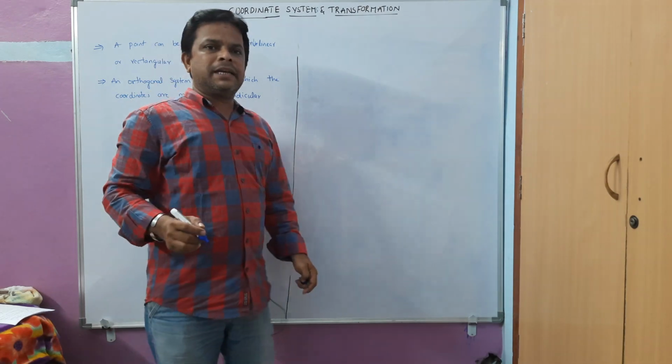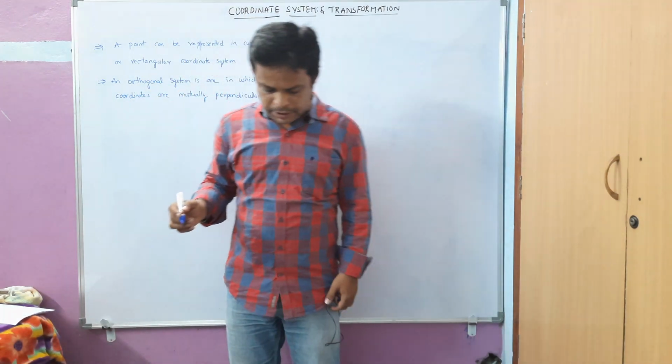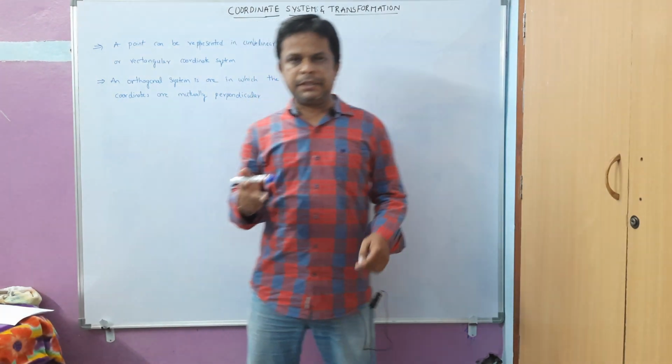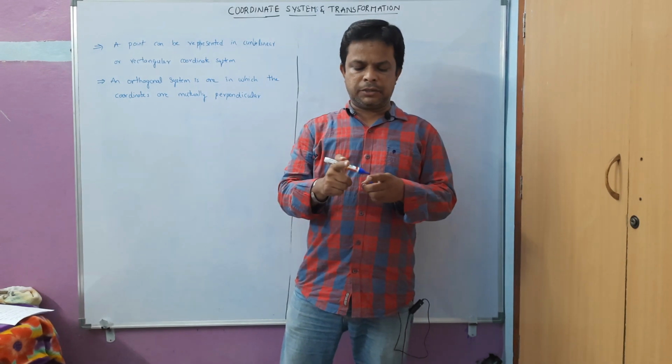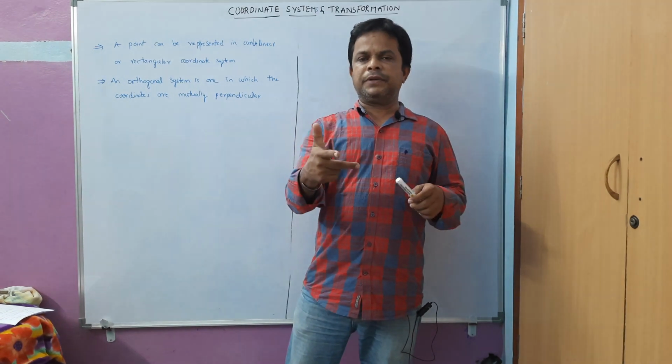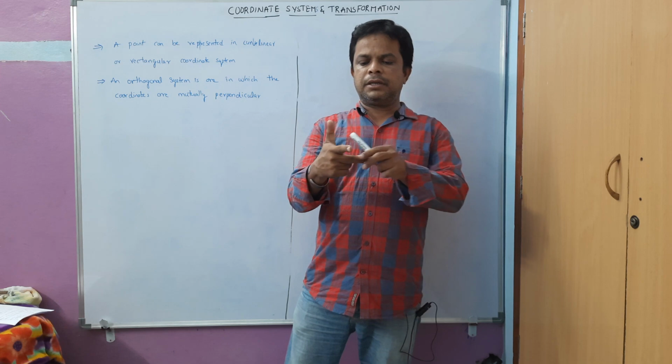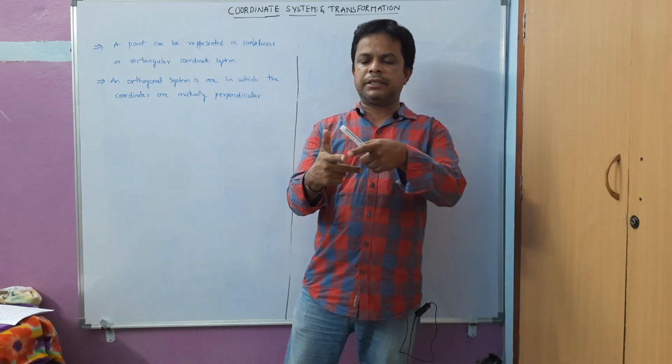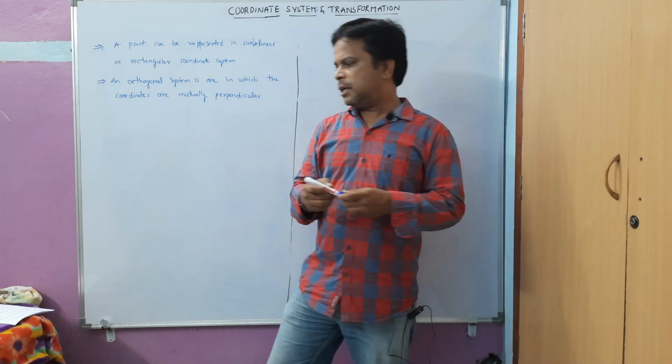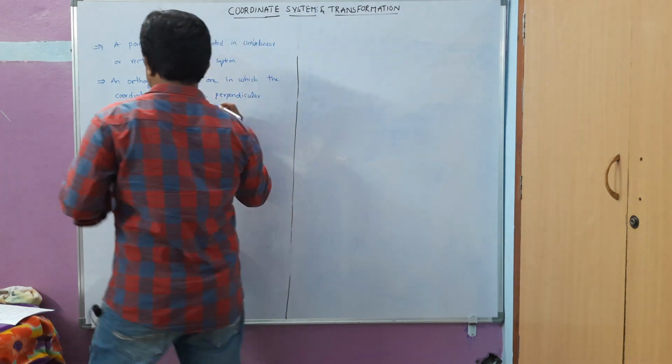That's why they are named orthogonal coordinate systems, that is, they have 90 degrees between them. Like this, if I take these fingers like this, they are the x-axis, y-axis and z-axis.